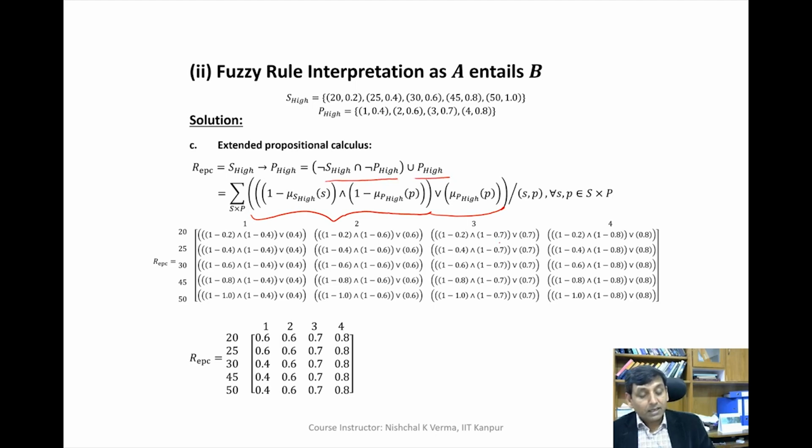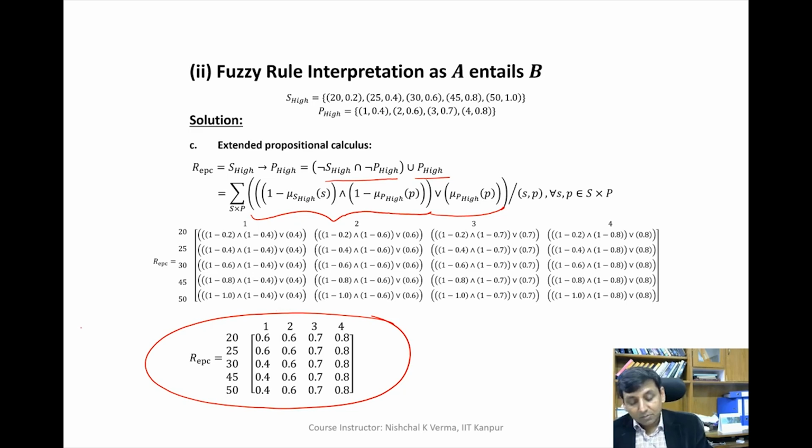So when we do that, we use this expression, and finally we are getting REPC. Here again, this is nothing but the fuzzy relation matrix REPC. EPC is nothing but the extended propositional calculus.